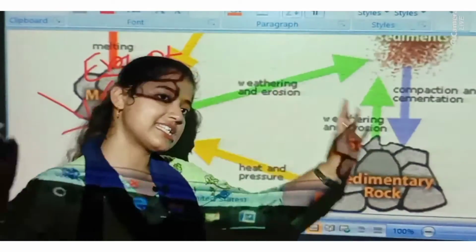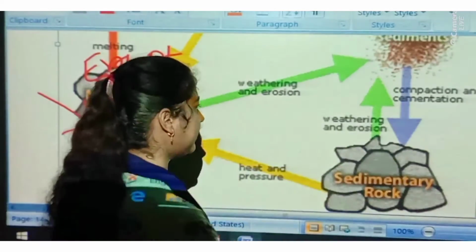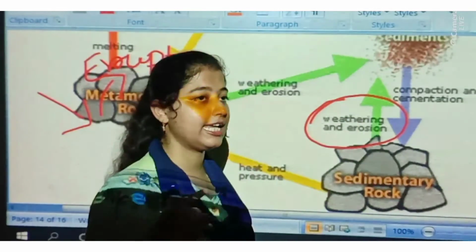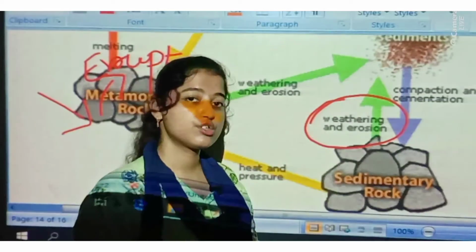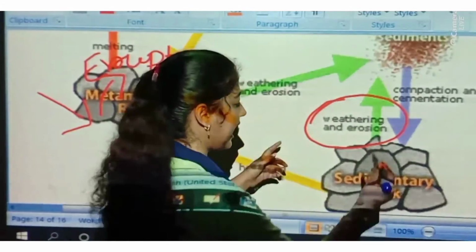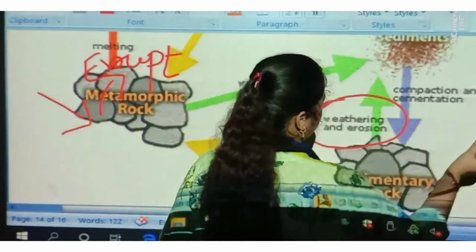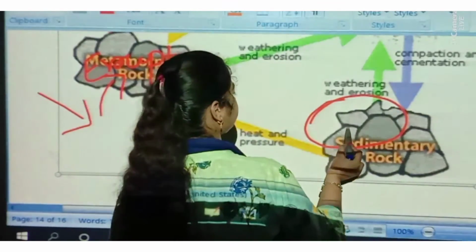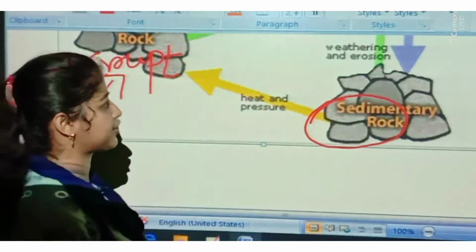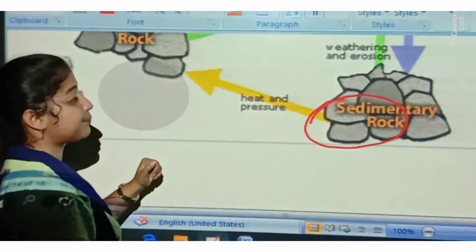Sedimentary rock. Again the same procedure happens with the same agents, weathering and erosion. What kind of agents do we have? Wind, rainfall, storm, and the flora and fauna community. Due to these agents, that type of rock again gets fractured.